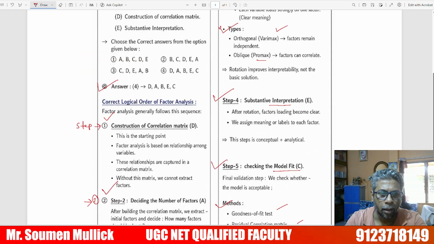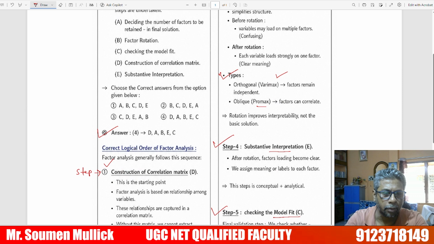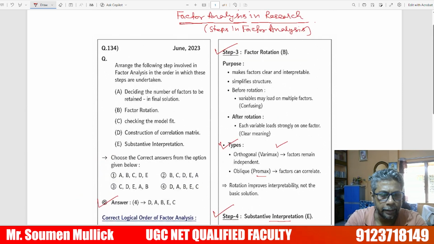So option number 4 is correct. D is step 1, A is step 2, B is step 3, E is step 4, and C is step 5. So D, the first, is the construction of correlation matrix.